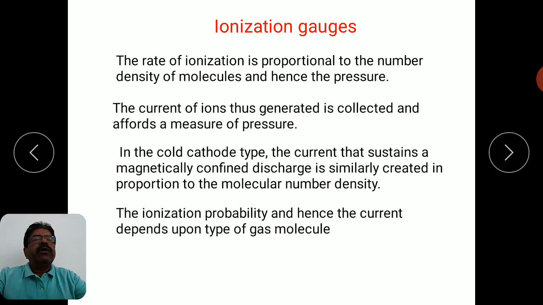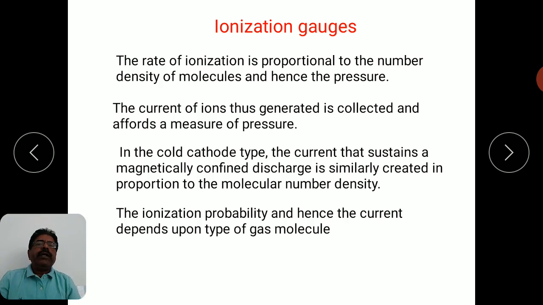Okay, so the ionization probability and hence the current depends upon the types of gas molecules. Inside the chamber you can have different gas molecules, maybe nitrogen, maybe oxygen, helium, hydrogen, argon, neon. So what type of gas species are present inside the chamber? The ionization probability for different types of gas molecules will be different.